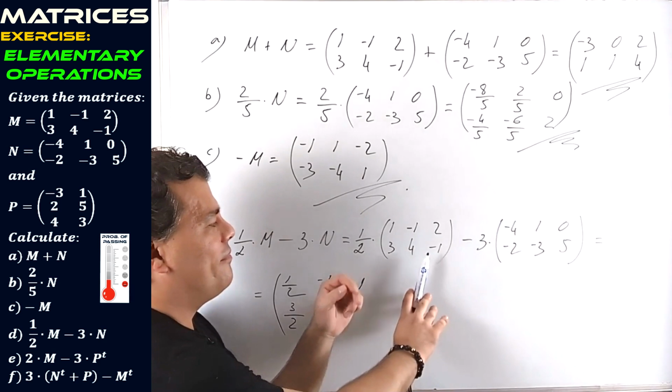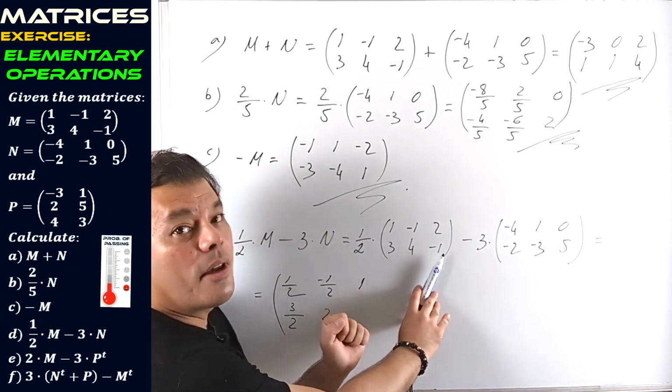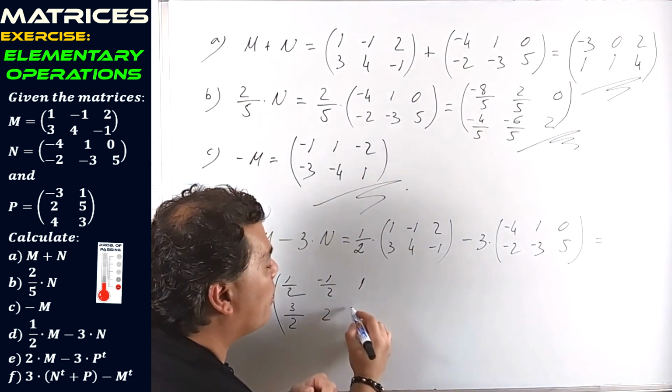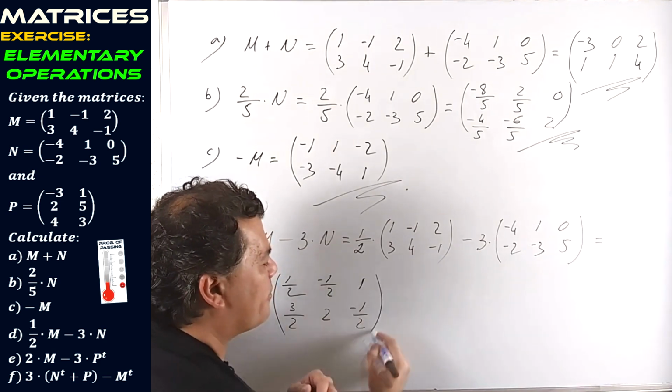And finally, 1/2 times negative 1 is negative 1/2.